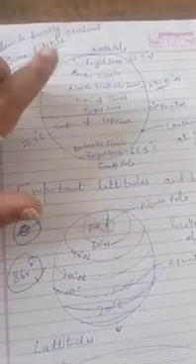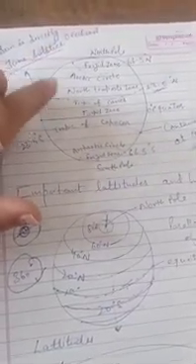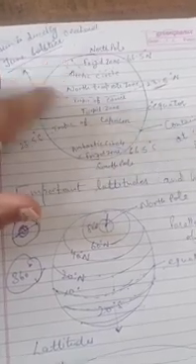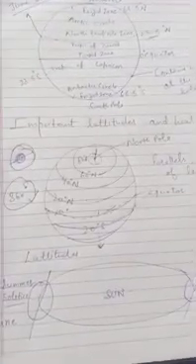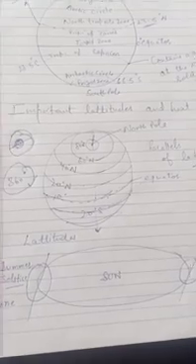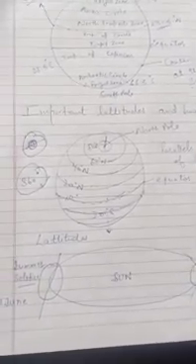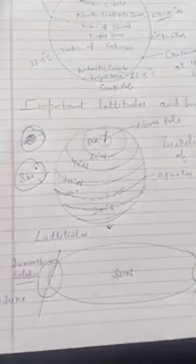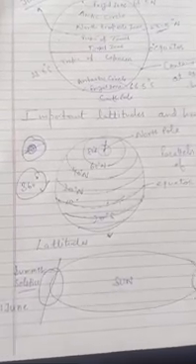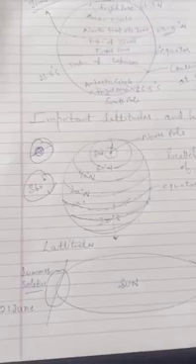On 21st June direct sun rays fall there, and it is the longest day of the year. A large portion of the northern hemisphere receives light from the sun, so it is summer in the northern hemisphere.